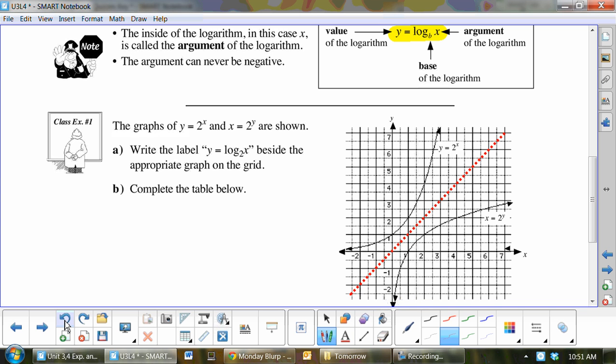Now, here we have y equals 2 to the x. Here we have x equals 2 to the y. Now, what is the equivalent form of x equals 2 to the y?